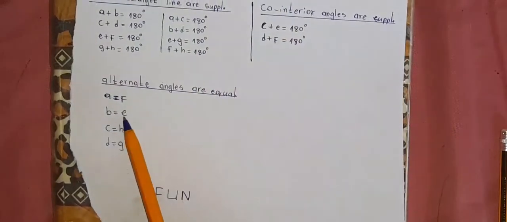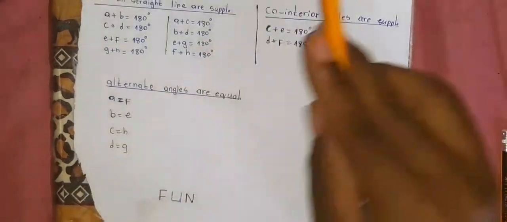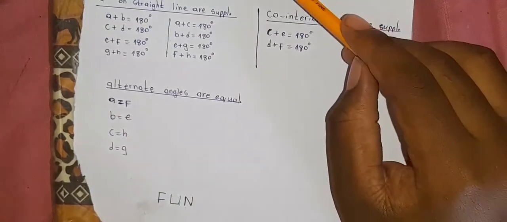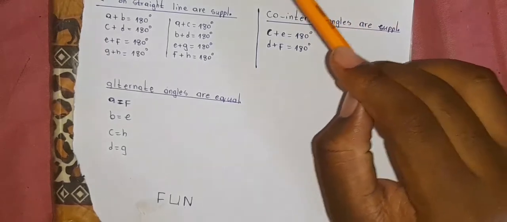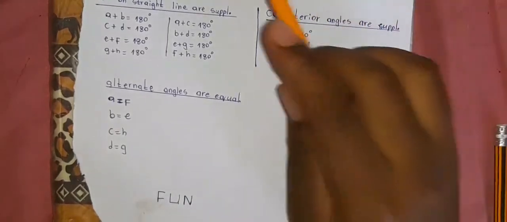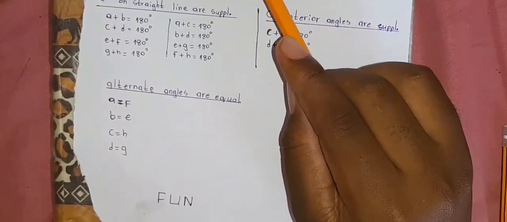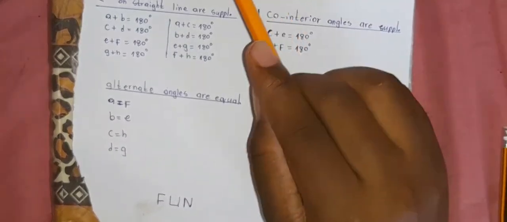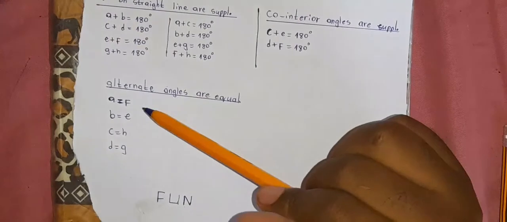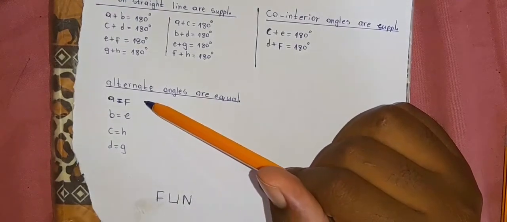So like I wrote here, this and this are equal because they are alternate, this angle here and this angle. Also this angle and this angle, because they are alternate. And which other angles?